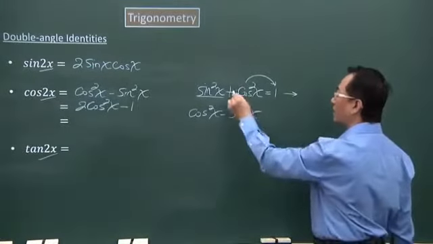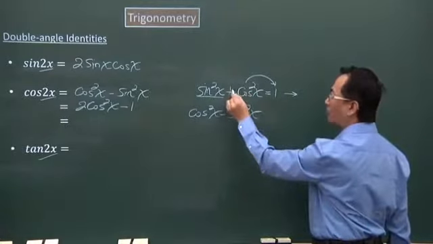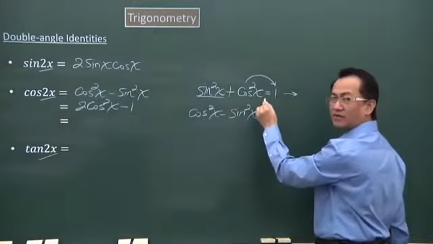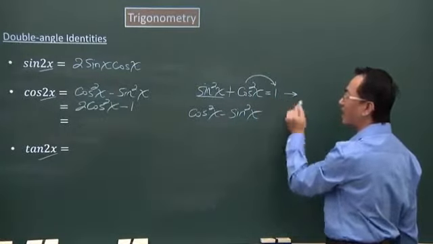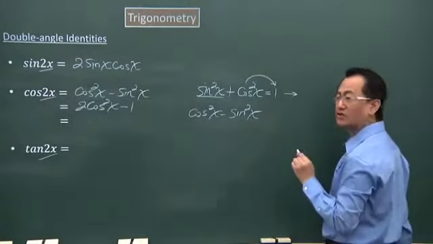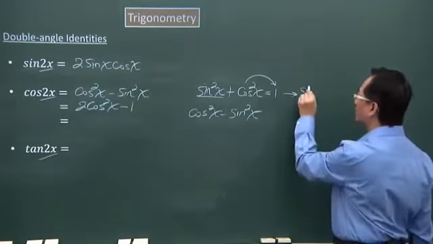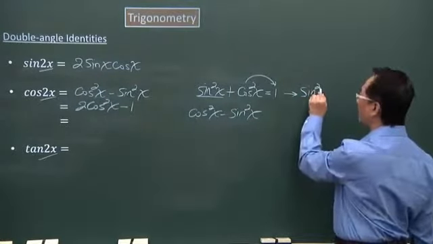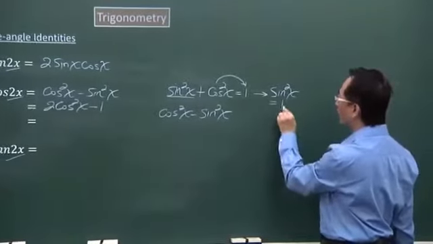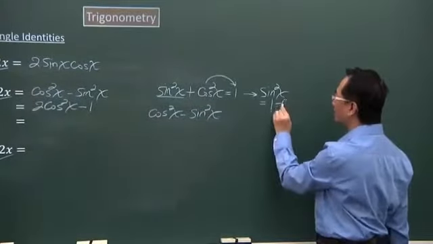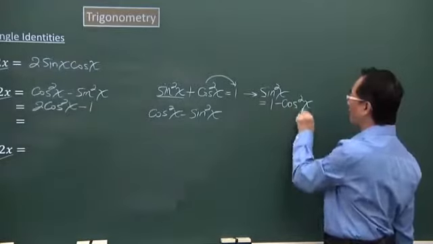From the left hand side where I have positive cos squared x, now it will become on the right hand side minus cos squared x. So sine squared x is equal to 1 minus cos squared x.